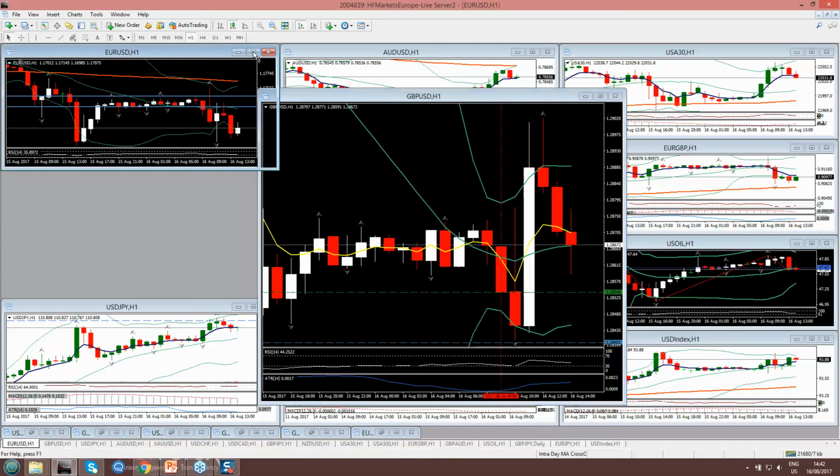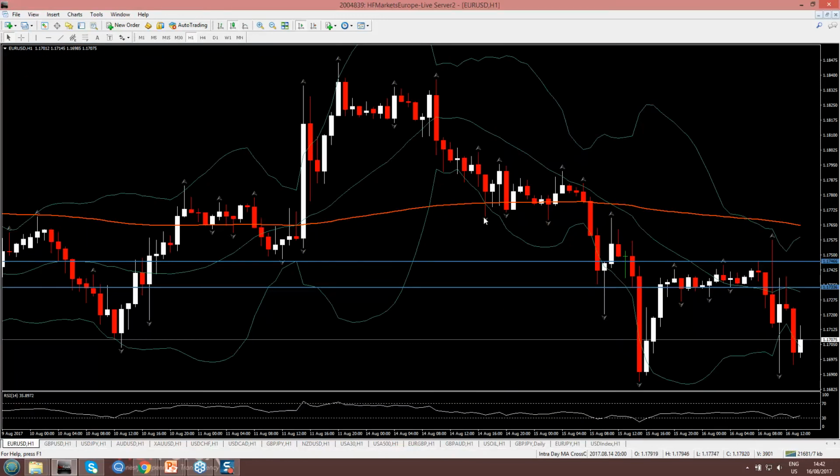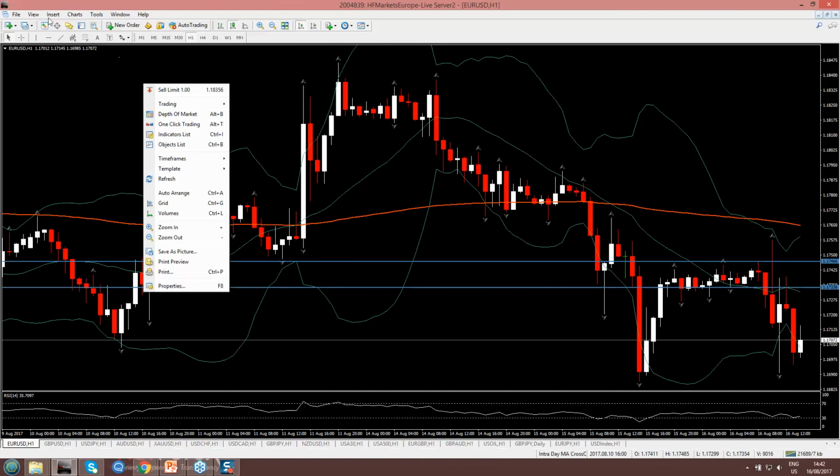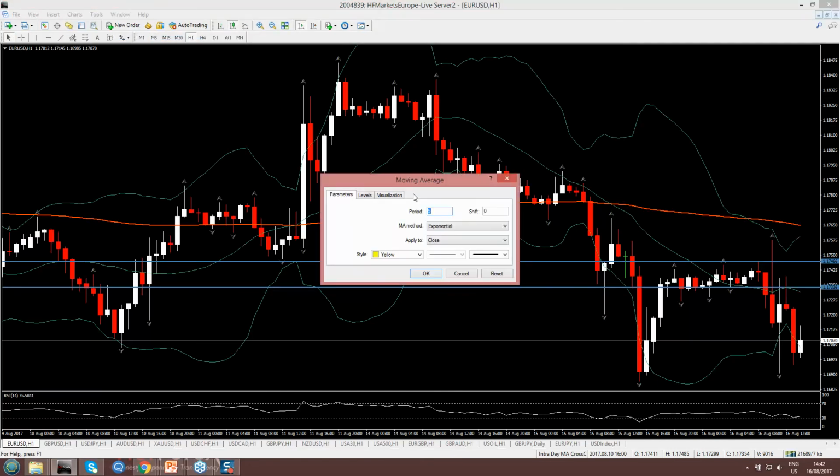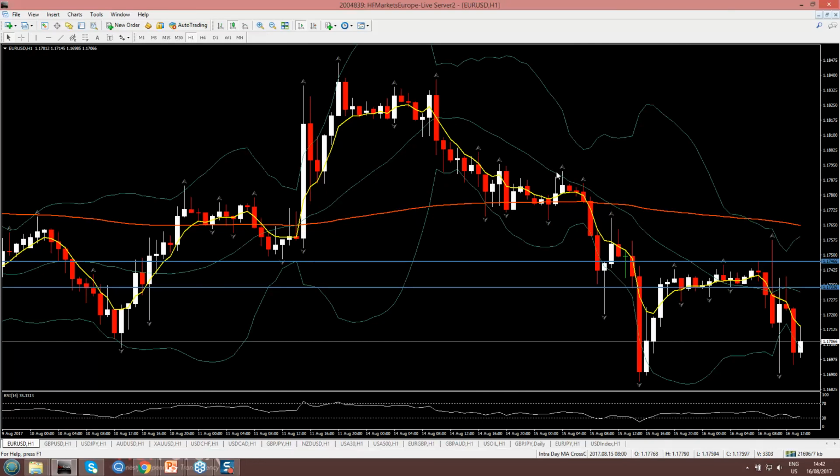Okay, so euro, what's the euro telling us? So again, here on the 1 hour chart, I haven't actually got the 20, let me just insert the 5 for the yellow one. Okay, so we know we're short because we've broken through the 200 period.